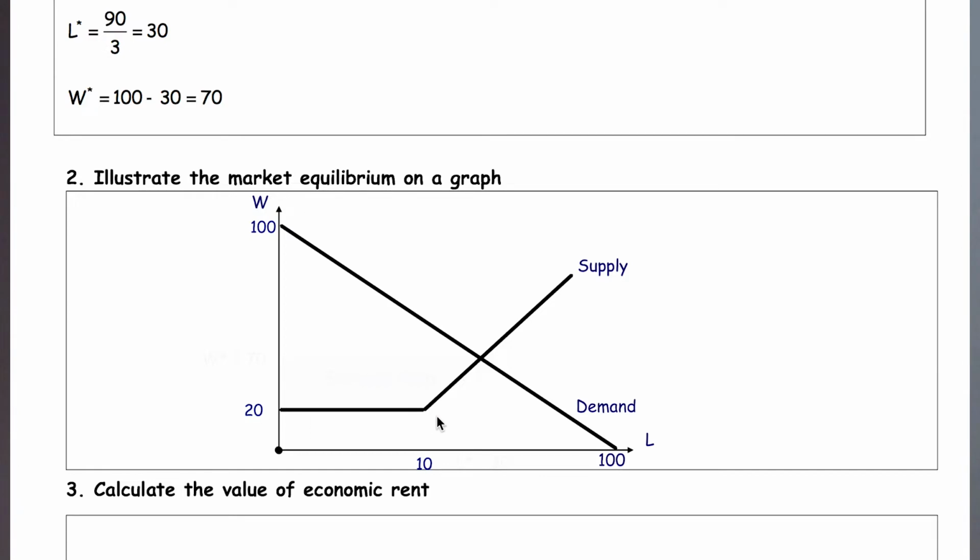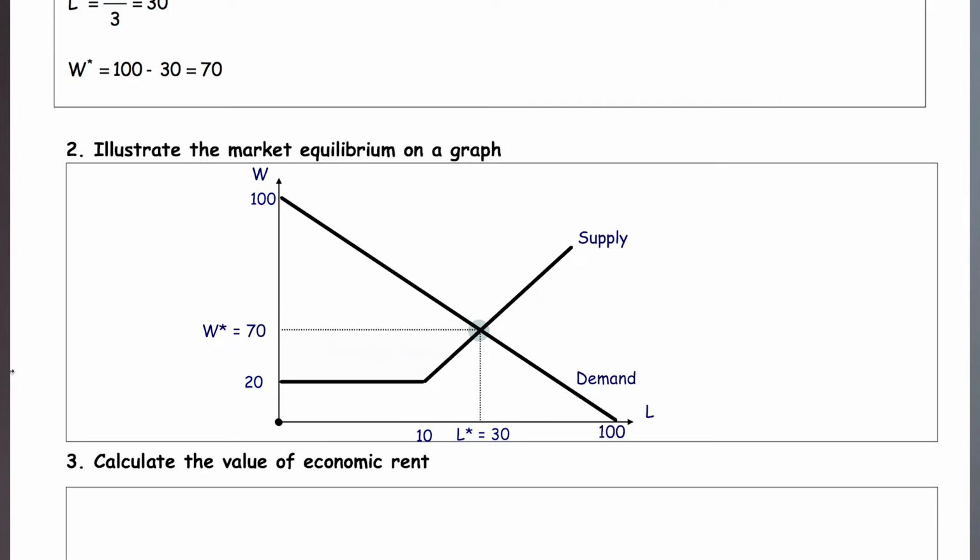Beyond that, it's going to be upward sloping, and that's simply because we're graphing the second supply line. Once we've done that, we can also illustrate the equilibrium quantity and wage in this labor market. And so, as we can tell, the equilibrium quantity is 30 and the wage rate is 70.